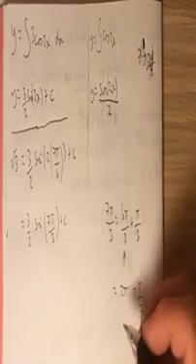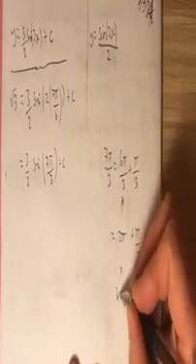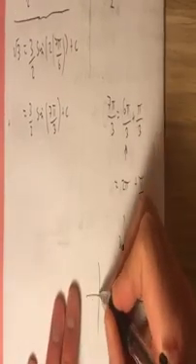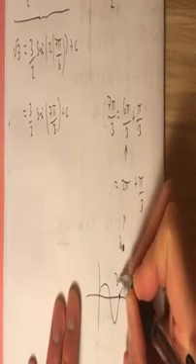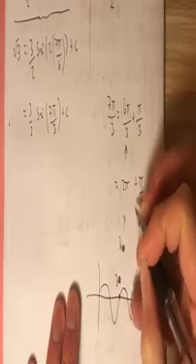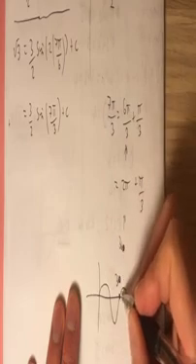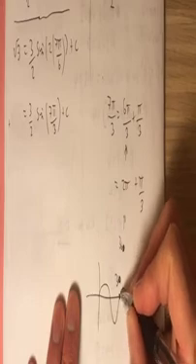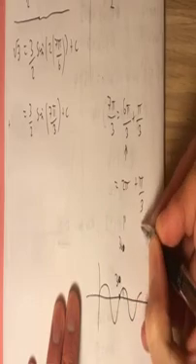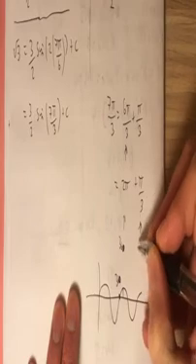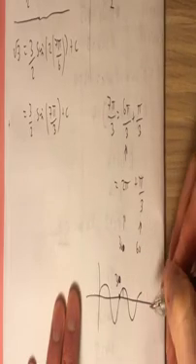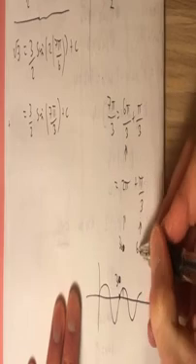And 2 pi is like 360 degrees, where I get back to the start of the sine graph. Another pi by 3 further on is like 60 degrees, because pi is 180, divided by 3 gives 60.